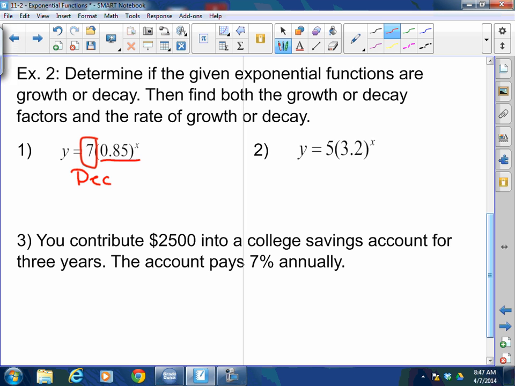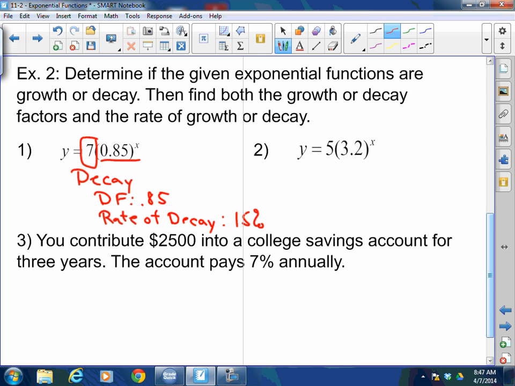Okay, now, the decay factor is 0.85. But what was the rate of decay? Very good. The rate of decay, if you go 1 minus that, it's going to be 15%. Very good. Decay. Excellent.